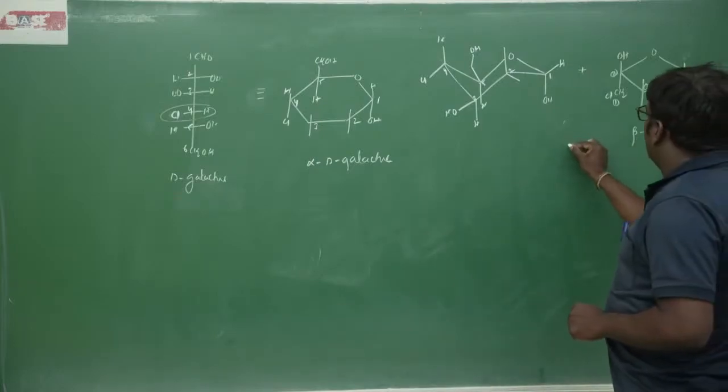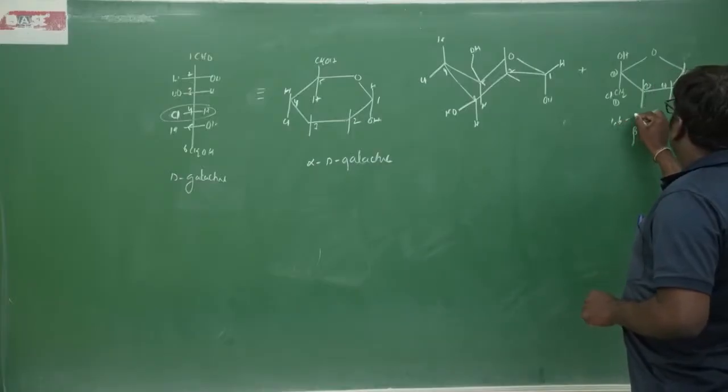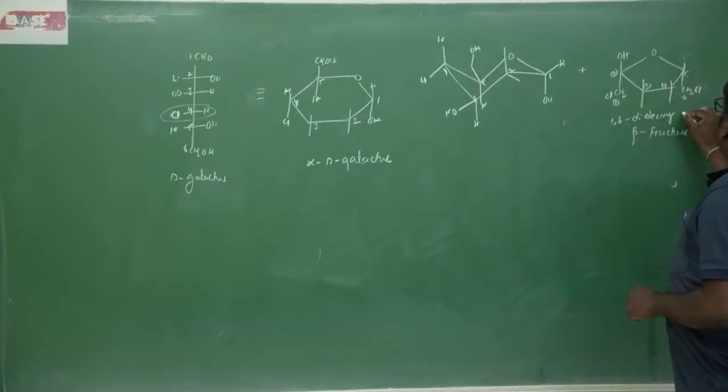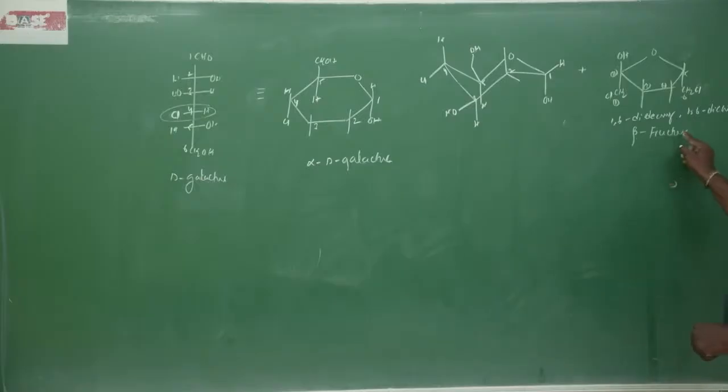Now it becomes 1,6-dideoxy and 1,6-dichloro beta fructose. Here OH, H, OH, H, here H you have to take.